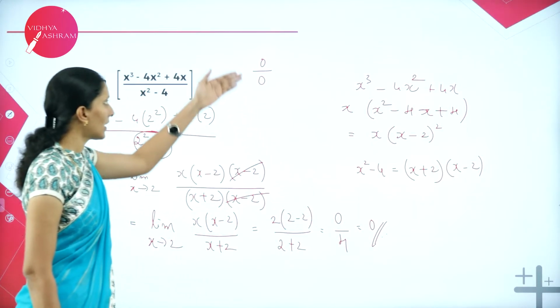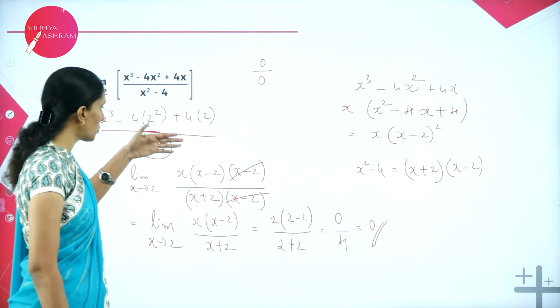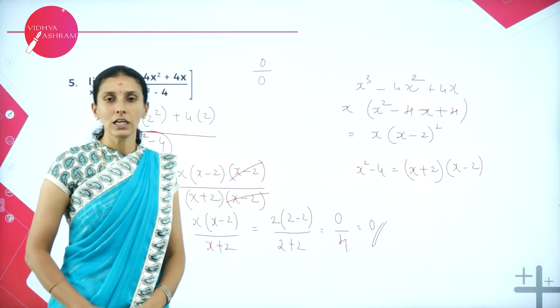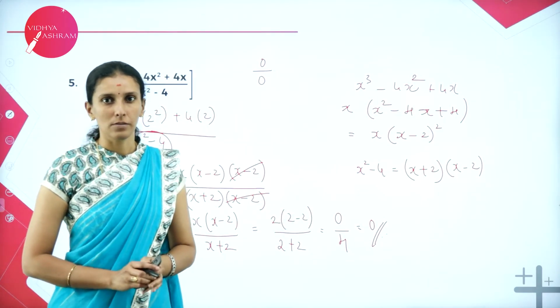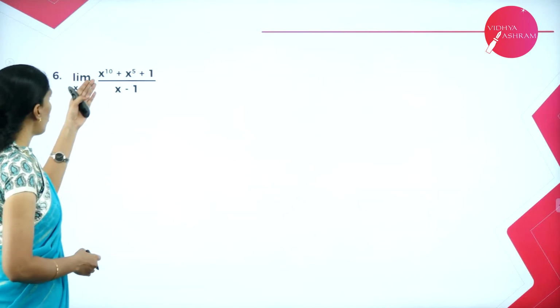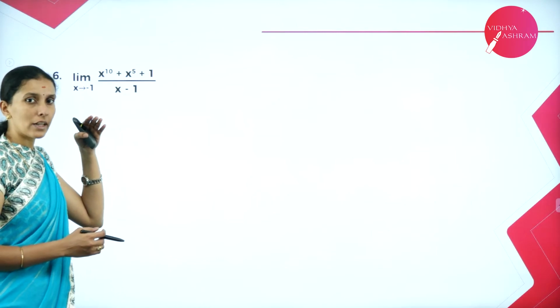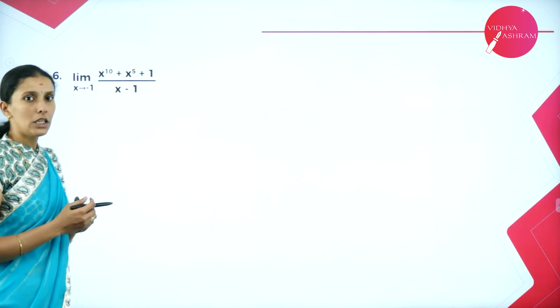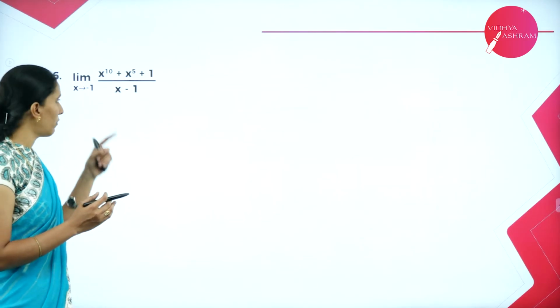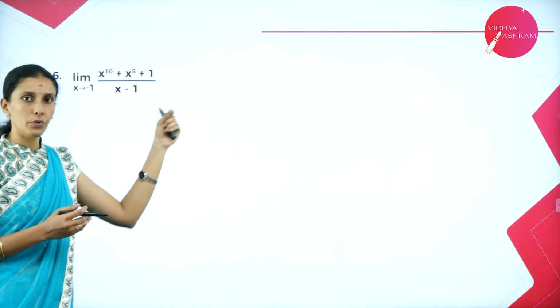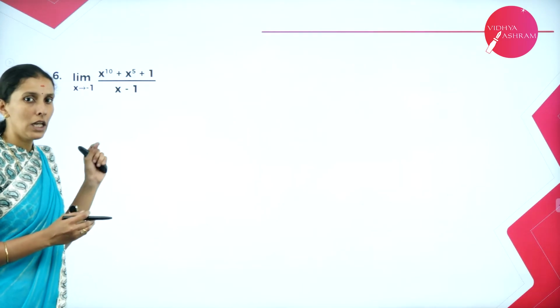Whenever you get the indeterminate form, you should rewrite the function, then apply the limit value to find the limit of the function. Next we have the limit of this function as x tends to 1. Whenever a quotient is given, first check whether the denominator is in the indeterminate form. If you apply minus 1, you will get the denominator as minus 2. You can directly apply the value of the limit.